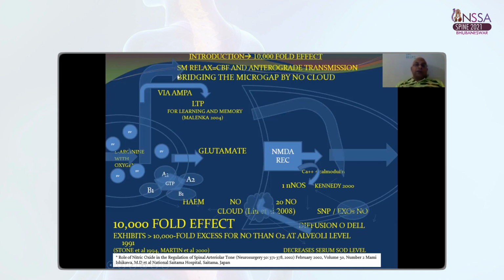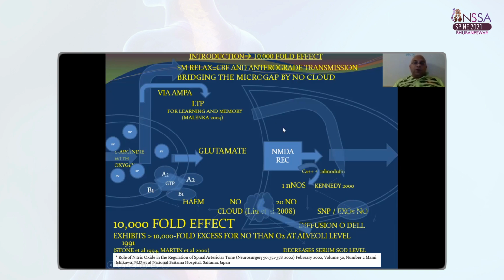That causes smooth muscle relaxation, and thus the cerebral blood flow or the neuronal blood flow and the integrated transmission is either activated or degraded. And then via cGMP that causes LTP, that is long-term potentiation for learning and memory.